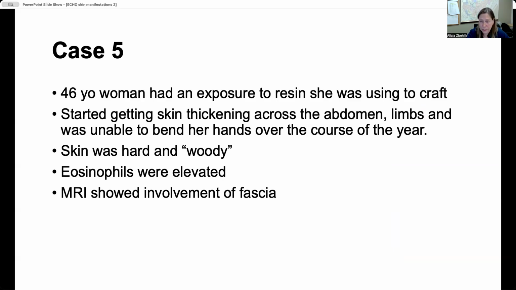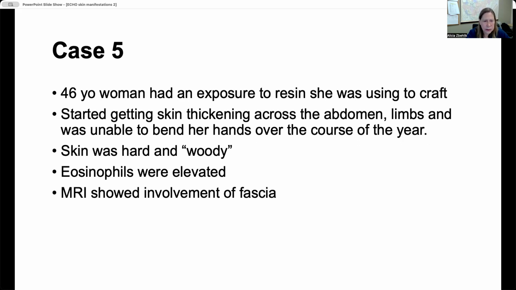So case number 5. This is a 46-year-old woman who I saw in clinic. She had exposure to a resin when she was using it to craft, like an epoxy resin. After using that, she started to get some skin thickening, predominantly across her abdomen, but it progressed to her limbs.